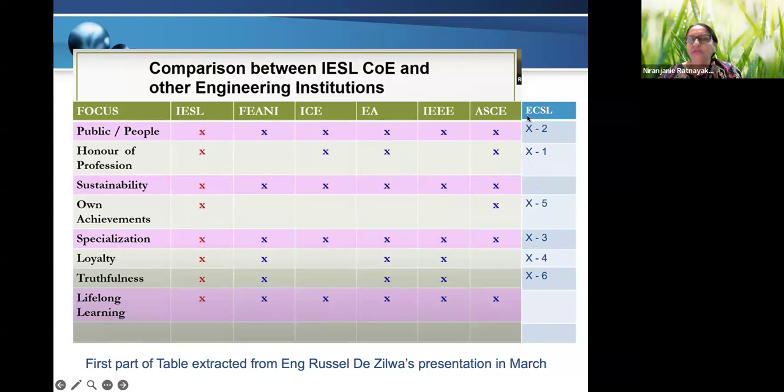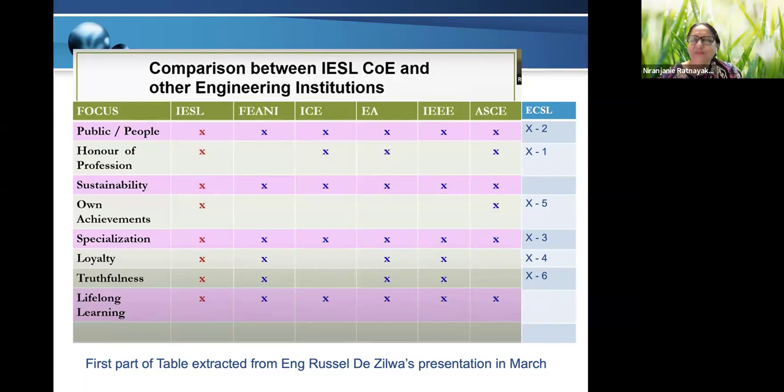Having fewer clauses and not having some very important ones, you can see that sustainability is not here. I don't know why. Working in specialization is there. Lifelong learning is not there. Those are very important ones that are there in most professional bodies, but somehow ECSL does not have them.